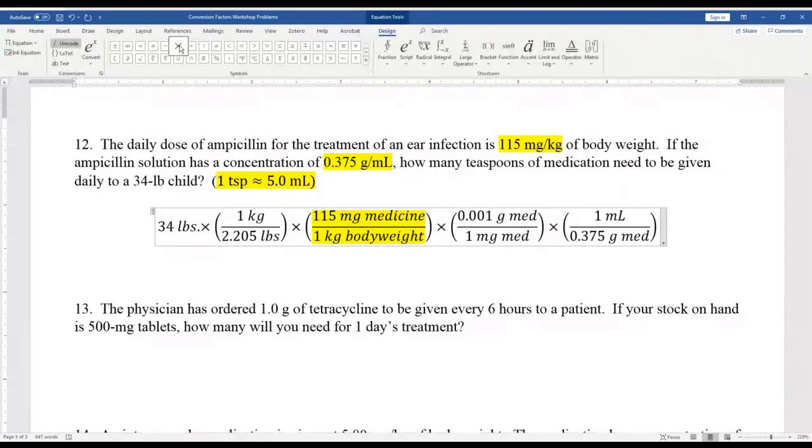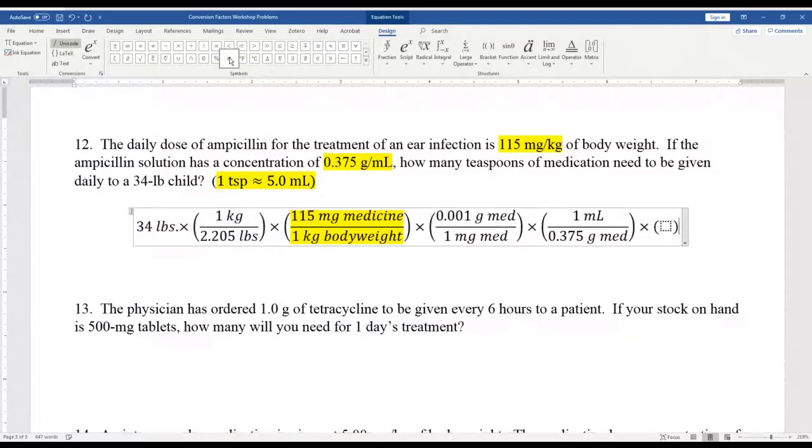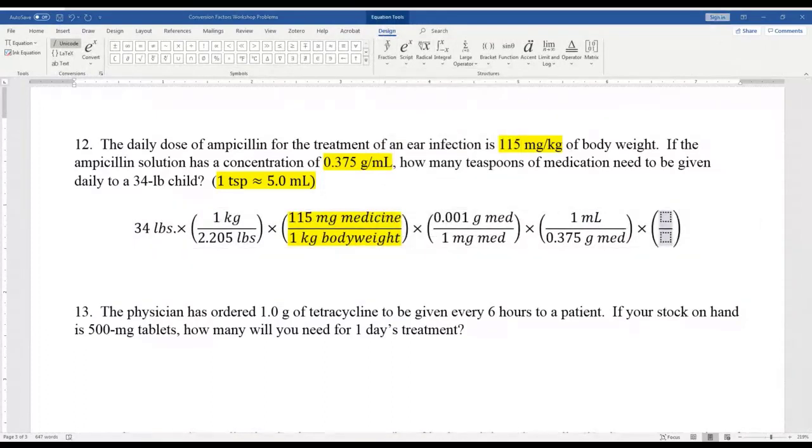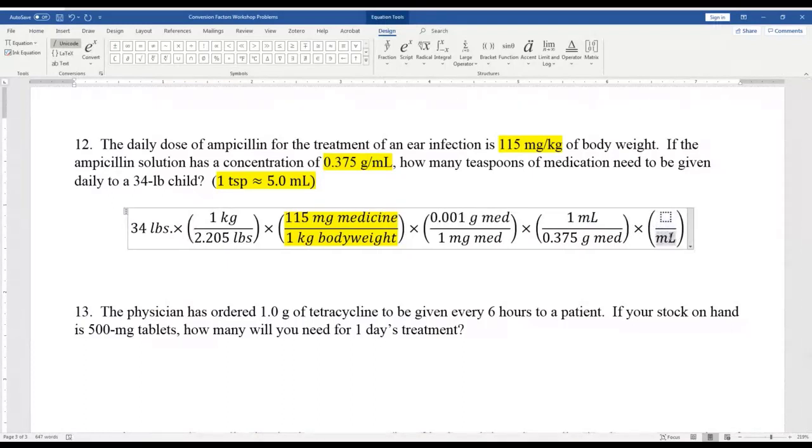Okay, so now we can go ahead and do another conversion factor. We're not done. What unit's going to go on the bottom of this one? There we go, milliliters. And what can I convert milliliters to? You got it, teaspoons. Very good.